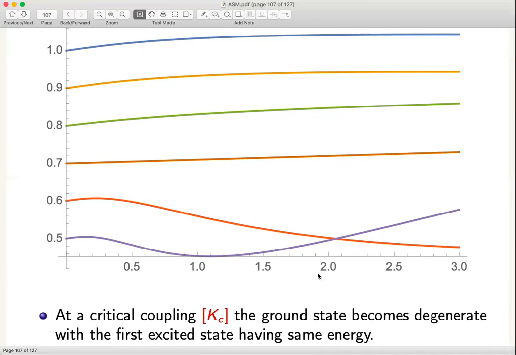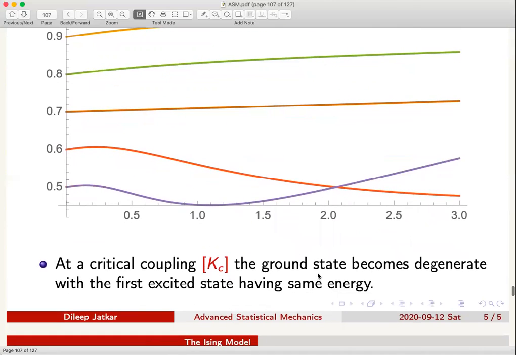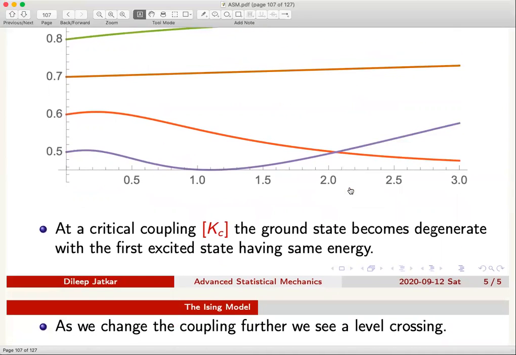It is called quantum phase transition simply because there are no thermal energy effects of any relevance at temperatures this low, and the only fluctuations really available to you are quantum fluctuations of the system. And of course, there is a critical coupling at which these two states become degenerate. Beyond that, across that, you have a switch of state of the system.